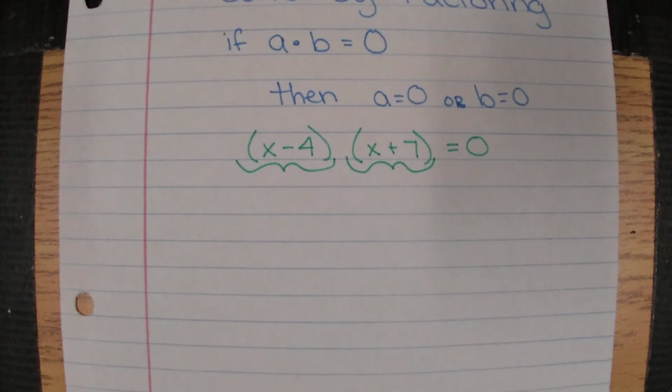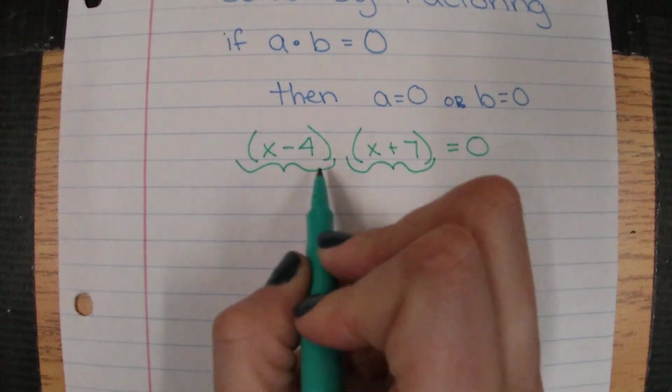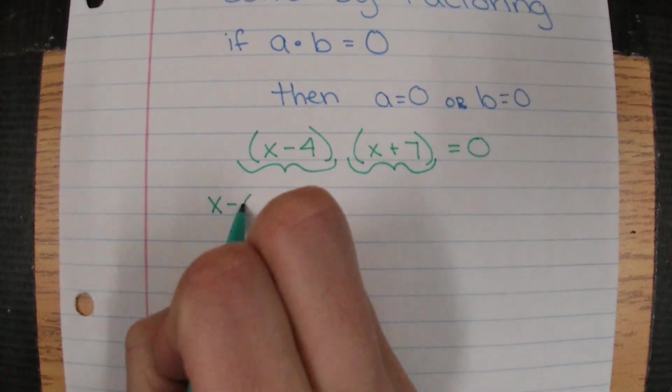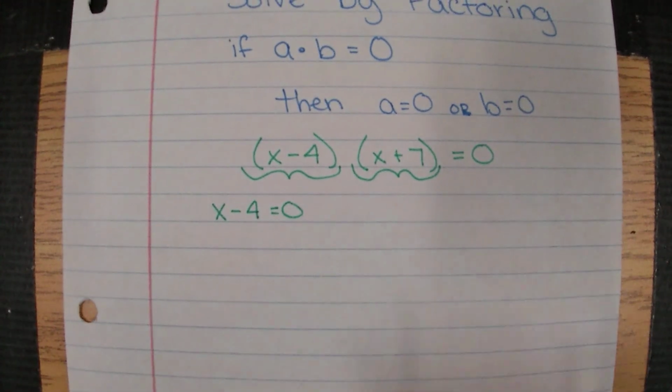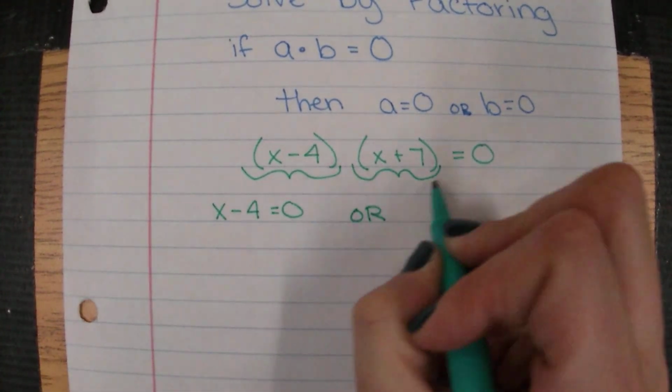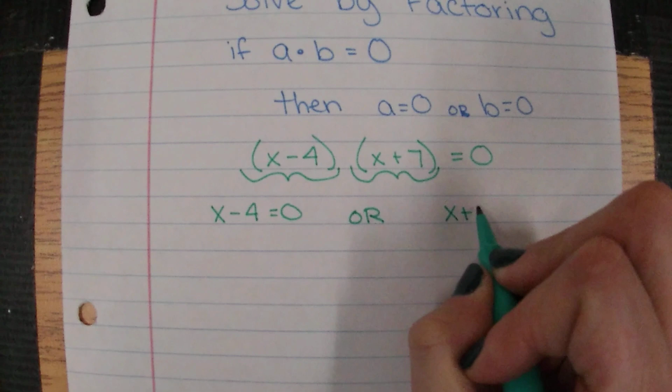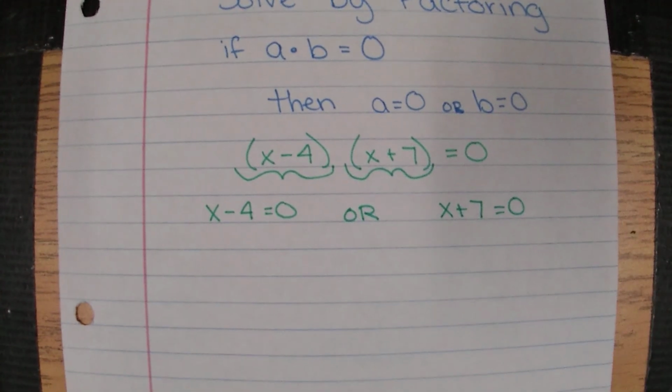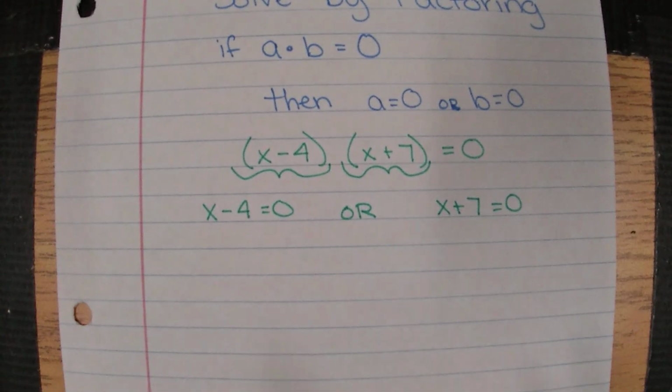So if we have this equal to 0, that means that either the first one, which is x minus 4, has to equal 0, or our second one, which is x plus 7, has to equal 0. Now, that doesn't mean that this is our answer yet. It just gives us something that we now know how to solve.